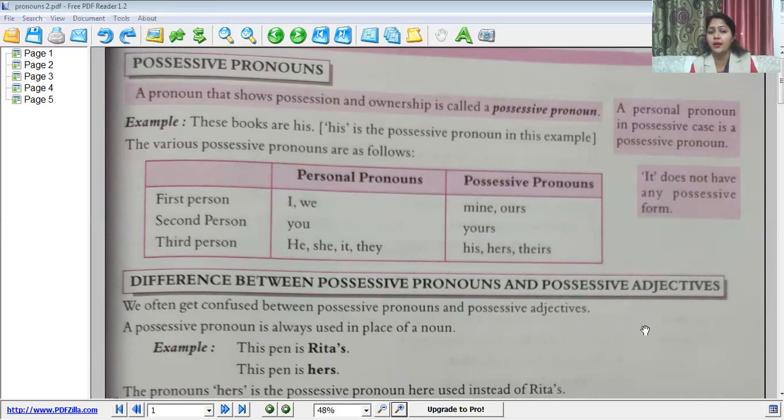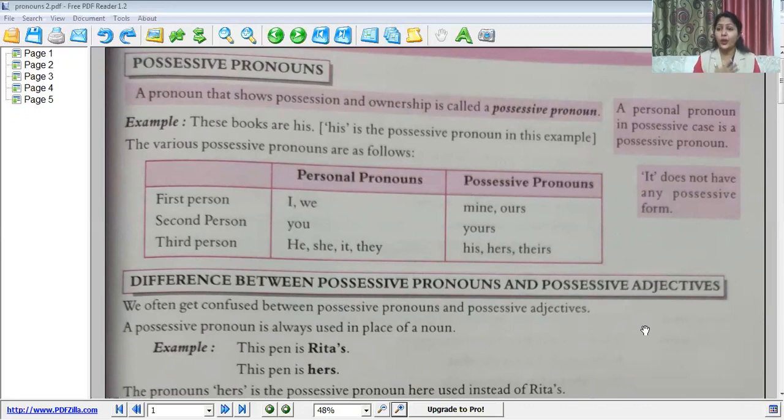Now, when we talk about personal pronouns, I've told you first person, second person, and third person. First person pointing to myself, second person is you, and third person is whom we both are talking about. Okay. Now, when we talk about personal pronouns, first person, the I, the possession will be mine.